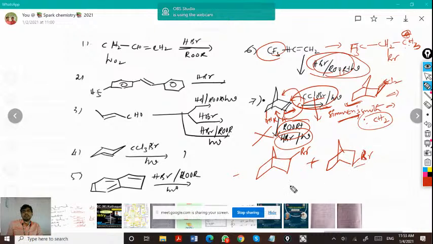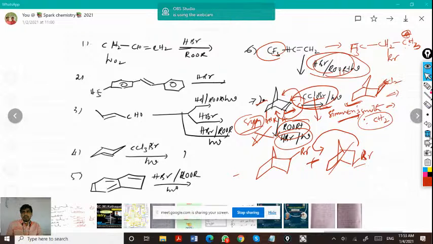Here I have written two regioisomers, which are not exactly isomers, because if I rotate this ring it will give this. Both will be the same. Whenever symmetrical olefins and symmetrical reagents are there, the Markovnikov and anti-Markovnikov rules are not applicable. It should be an unsymmetrical alkene and an unsymmetrical reagent system.